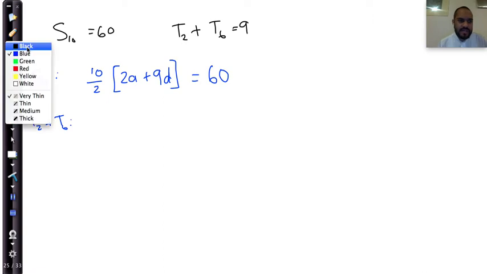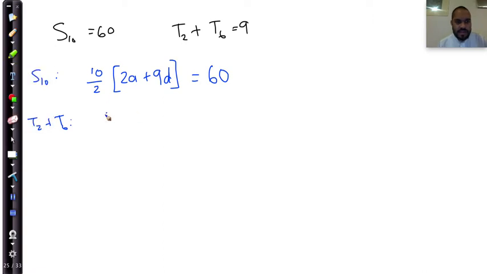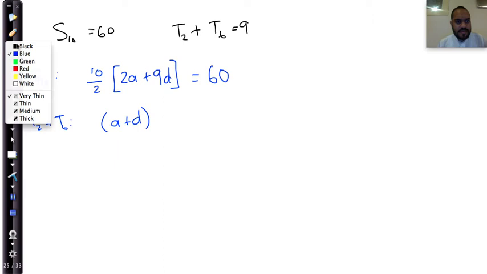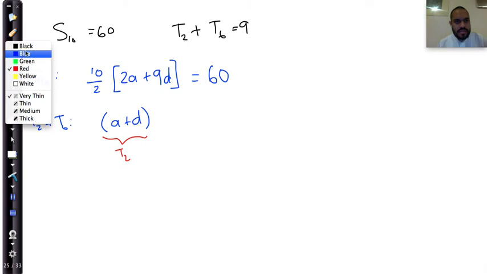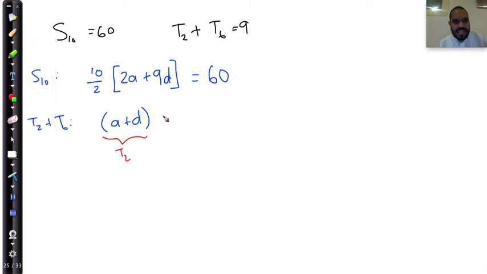So T2 is going to be A plus D. That represents the T2 part. And the next part, plus T6, is going to be A plus 5D. And these are things that you should know by now from the arithmetic formulae. And we were given in the question that this is equivalent to 9, right?